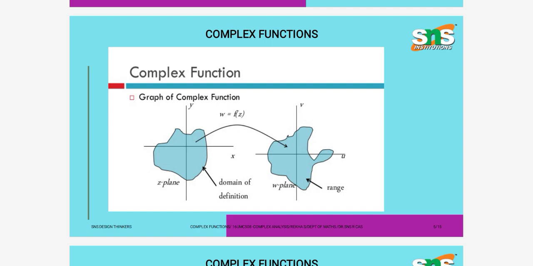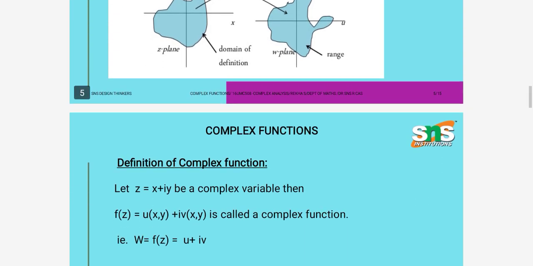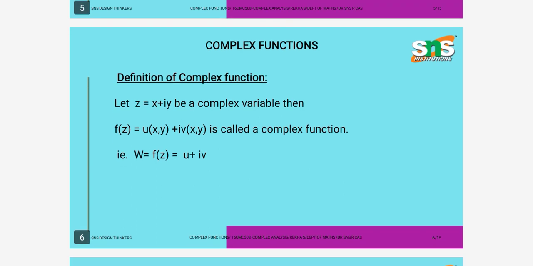There are many applications, for example transferring signals from one place to another. The z plane is the domain of the function, and the w plane is the range of the function.